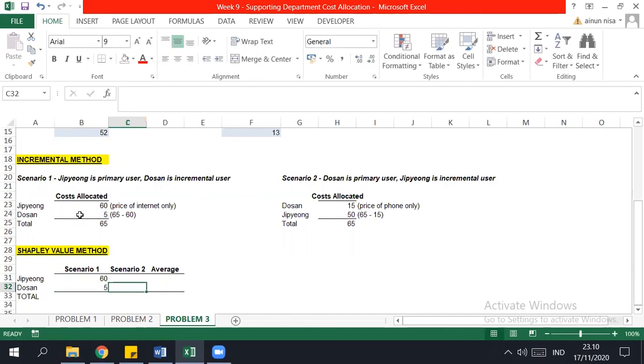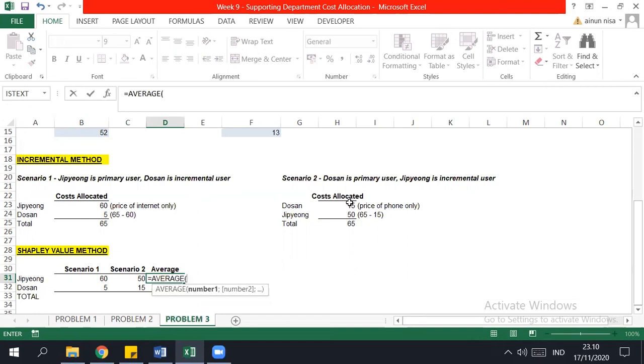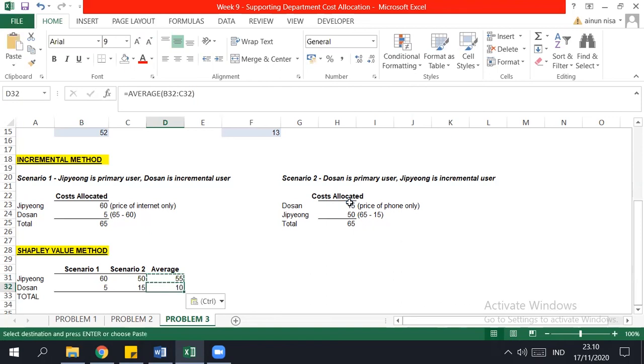And for scenario number 2, Jipyong needs to pay 50 while Dosan needs to pay 15. Therefore, the average cost that needs to be paid by Jipyong is the average of 60 and 50, which is 55. And for Dosan, the cost that needs to be paid is the average of 5 and 15, which is 10.